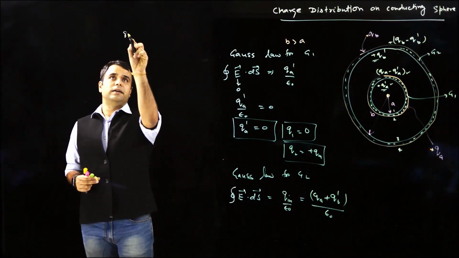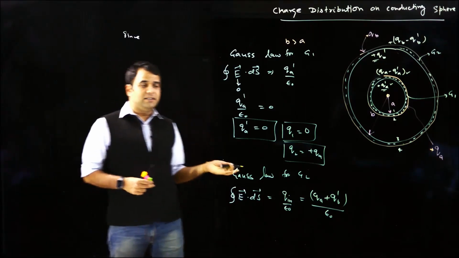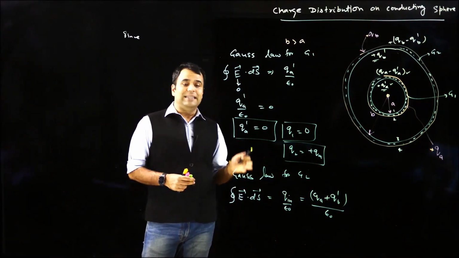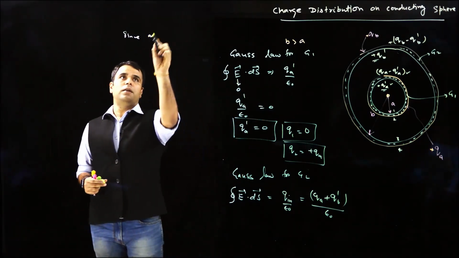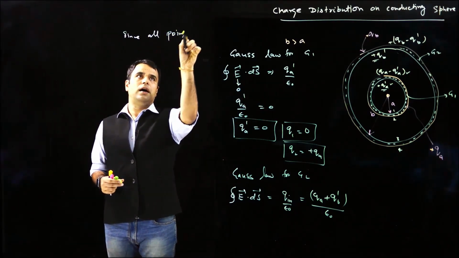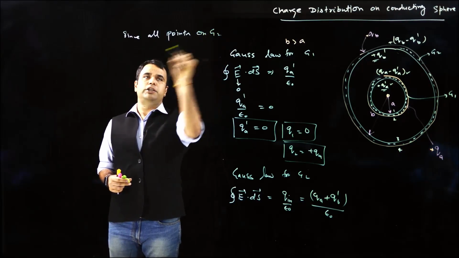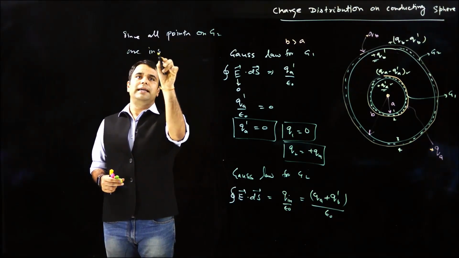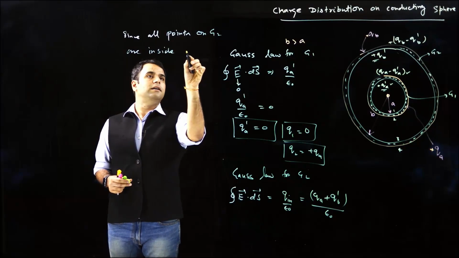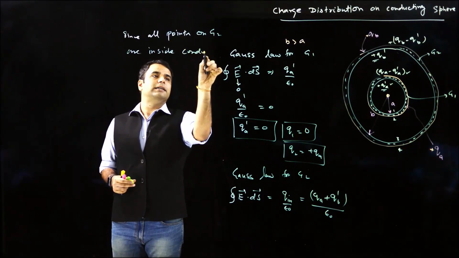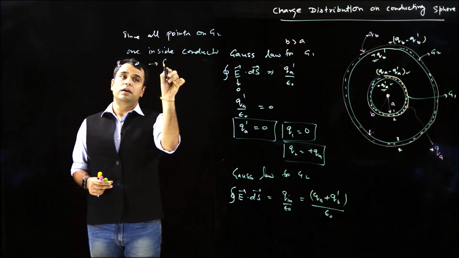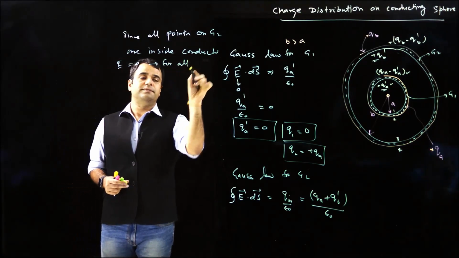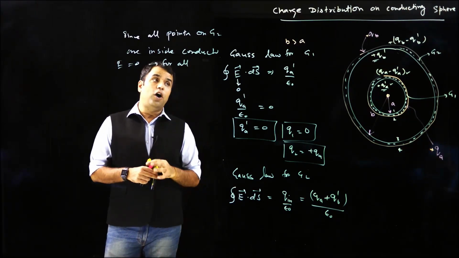Now since all points on the second Gaussian surface G2 are inside a conductor, the electric field is 0 for all the points.